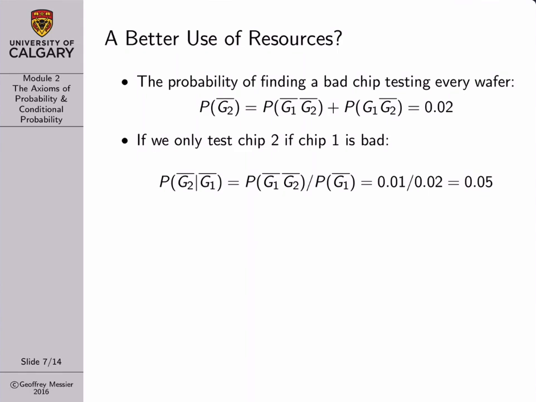And so if we're testing every single integrated circuit, the probability that the tester finds a bad IC number 2 is just equal to this.